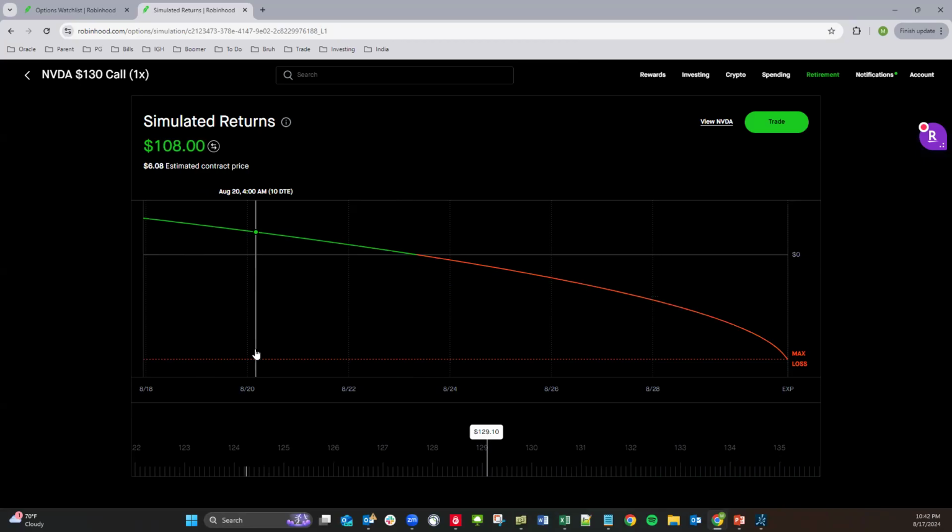So the estimated price that it shows is 608, right? So times 100. So that's why the 108 profit. So to put it in simple words, the quicker the movement in your overall timeline, from 8/18 to the expiry 8/30, the quicker you have movement on your stock from a bullish perspective, the more gains you make.